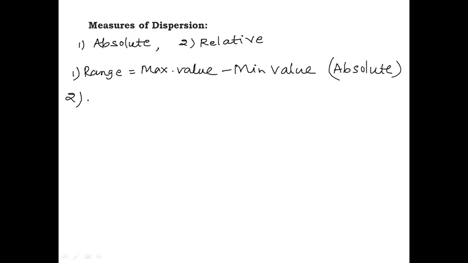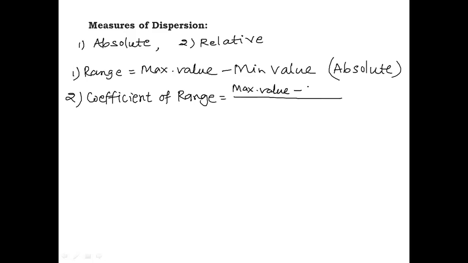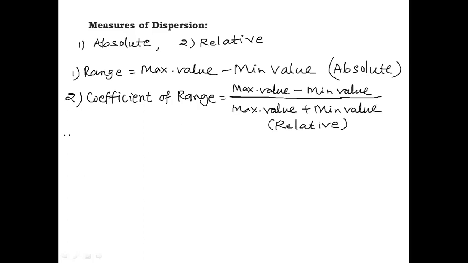Then the second is coefficient of range, and the formula is maximum value minus minimum value divided by maximum value plus minimum value. You can understand both the numerator and denominator will have the same unit, which are going to cancel each other, and this will be a relative measure of dispersion.